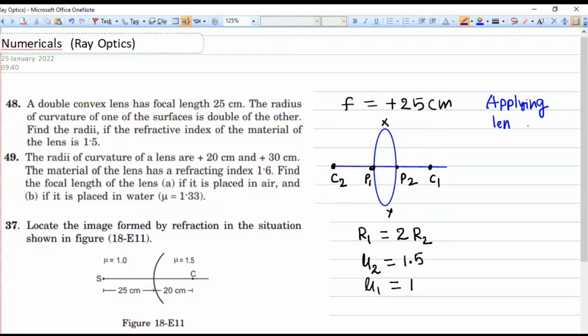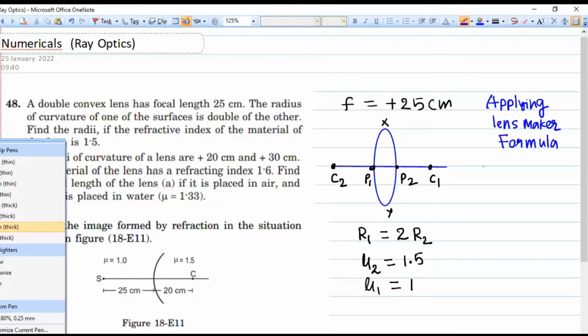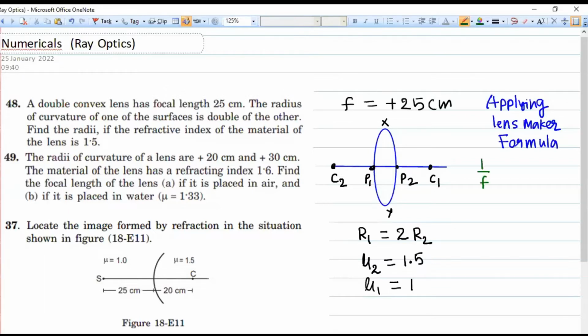The lens maker formula is 1 upon f equals mu2 by mu1 minus 1, multiplied with 1 upon R1 minus 1 upon R2.